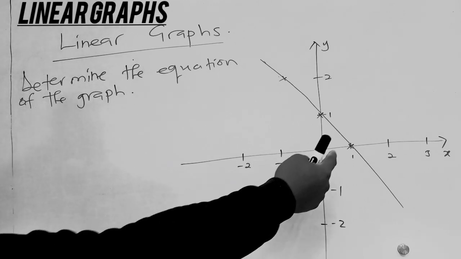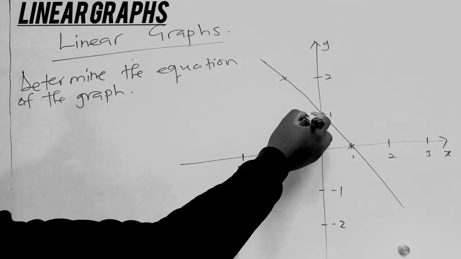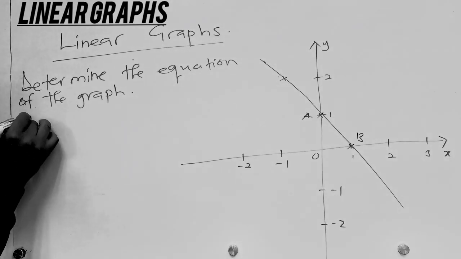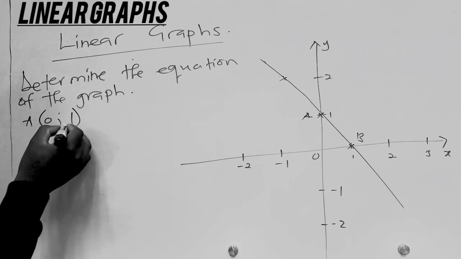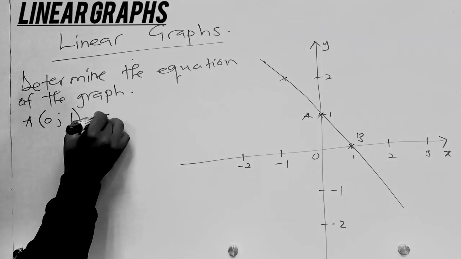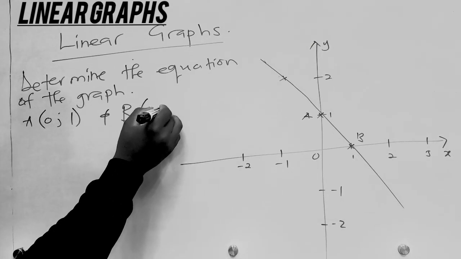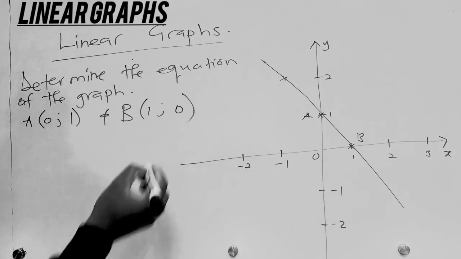In this case we have this point and that point. Let me mark them point A and point B. Our point A is 0 and 1. The x coordinate is 0, the y is 1. For point B, the x coordinate is 1. The y, you come this side and you read the value, it's 0.